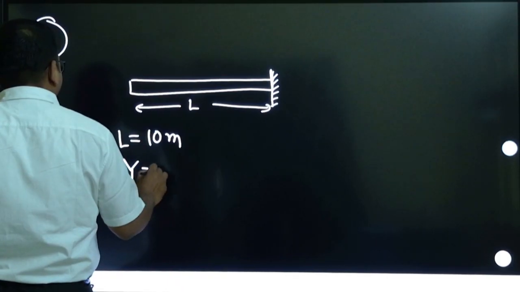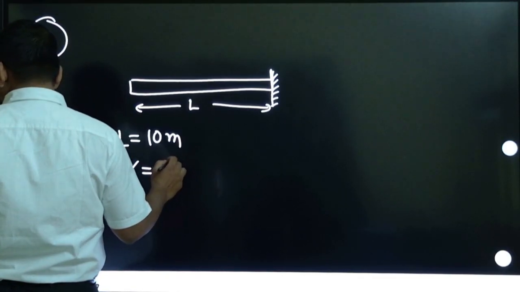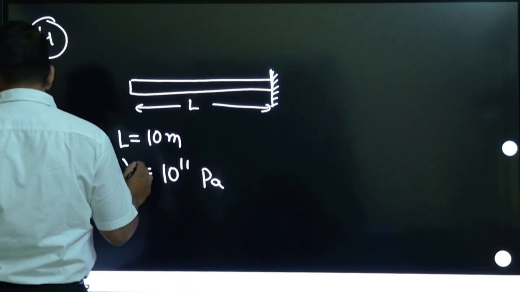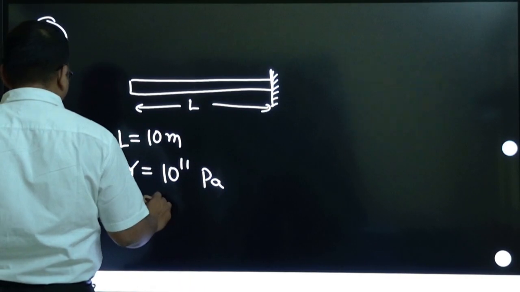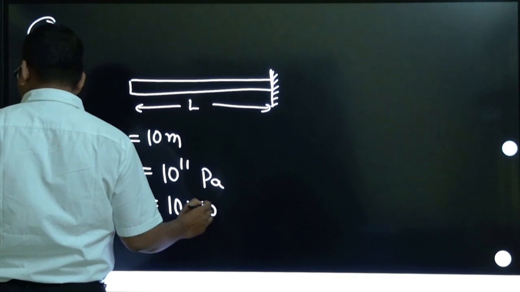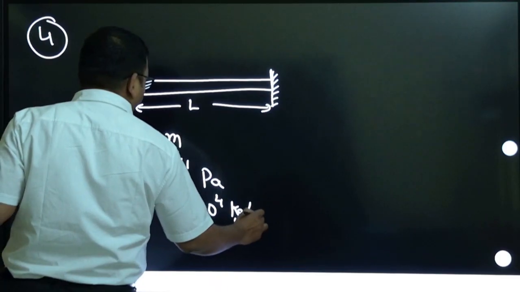Young's modulus is 10 to the power 11 Pascal. And they have given the density of the rod as 10 into 10 to the power 4 kg per meter cube.